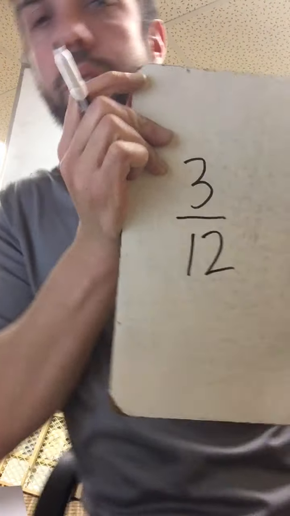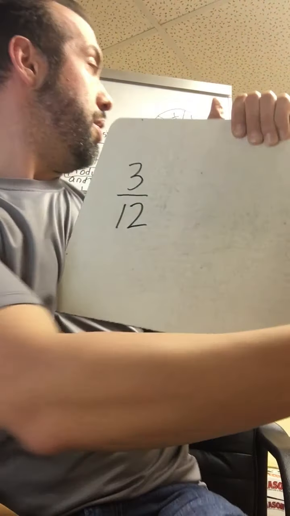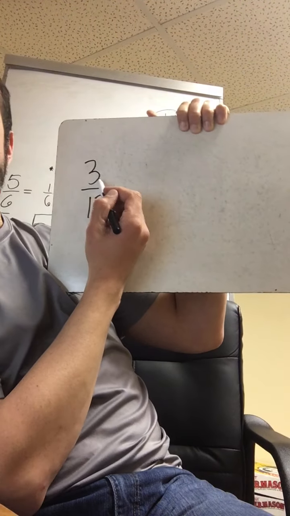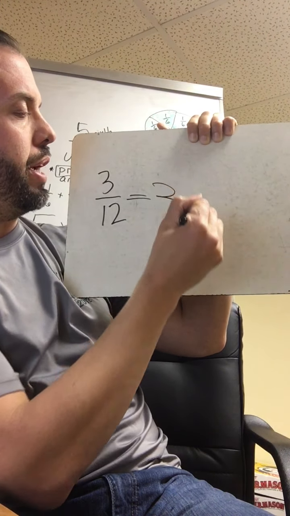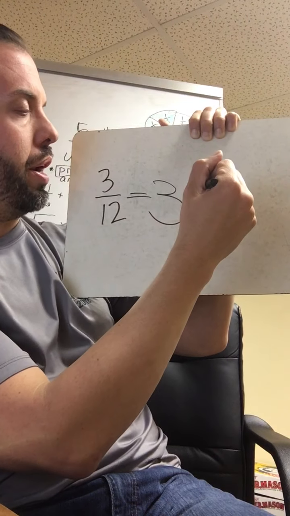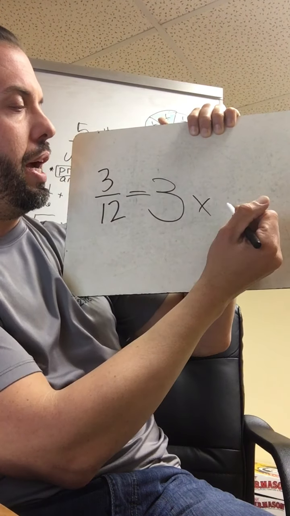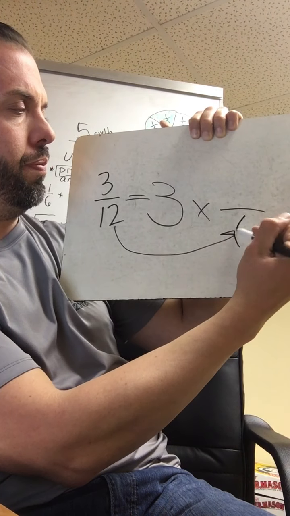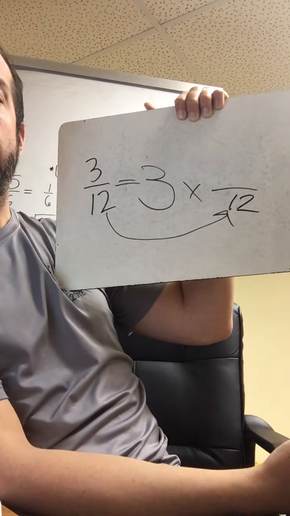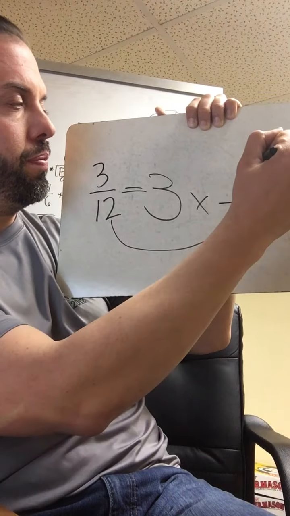Use your numerator. We're going to make that your whole. Numerator is going to be your whole. So we have 3, our product, multiplication, and a unit fraction. Denominator stays the same. What numerator can I put there to make it a unit fraction?